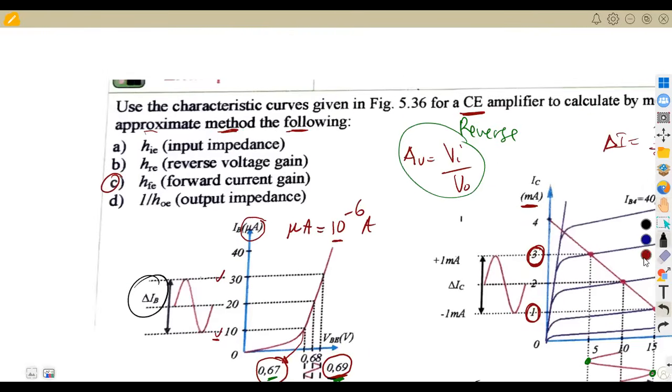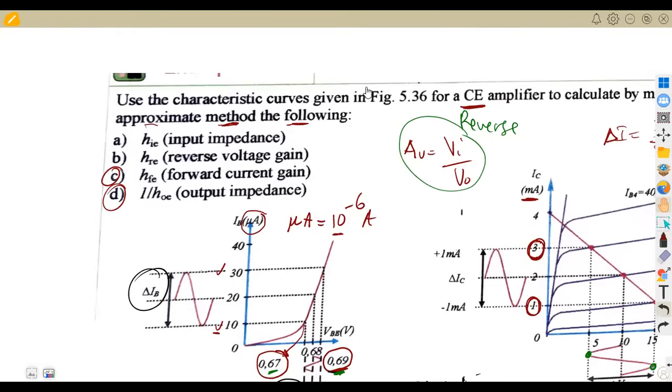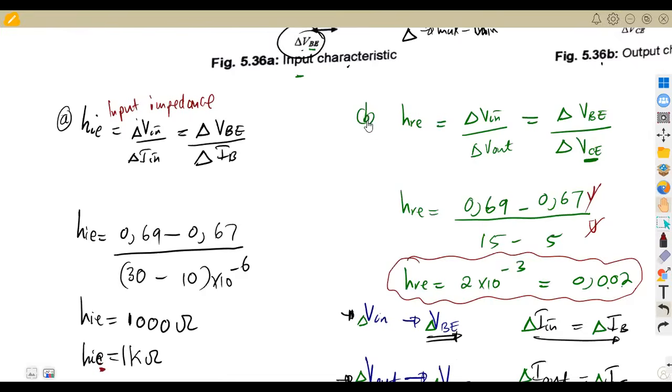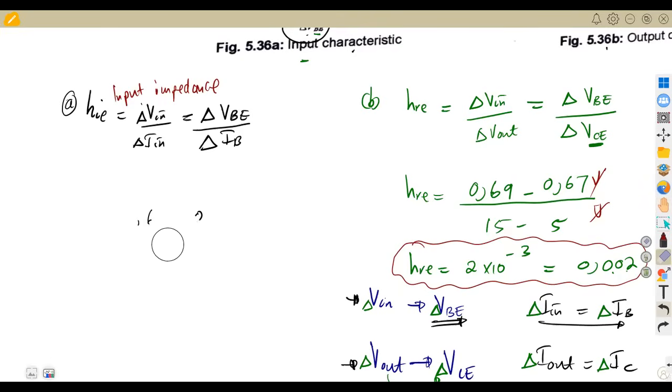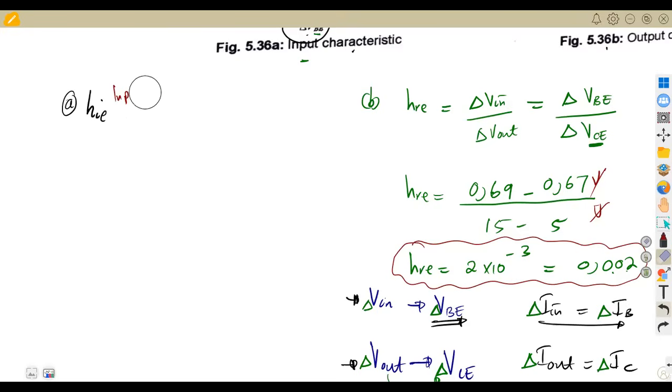Then at the end, we are going to need the output impedance, 1 over conductance. So that is going to be the D part. Remember, I said impedance is simply voltage over current, but this one is the output impedance.